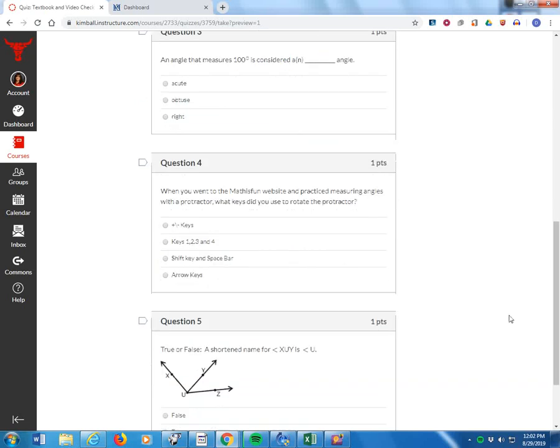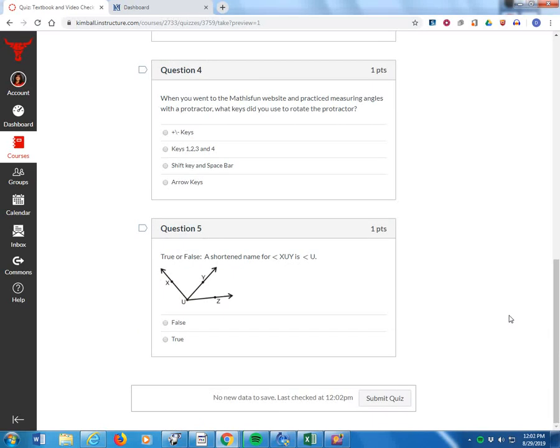When you went to the Math is Fun website and practiced measuring angles, what key did you use to rotate the protractor? You remember? I think that was the plus or minus keys. I can't remember. I thought it was arrow keys. Oh, arrow keys then. I don't know. I can't remember. It's been a while since I was on there. Did you get it right?